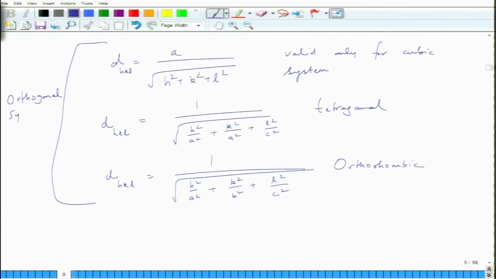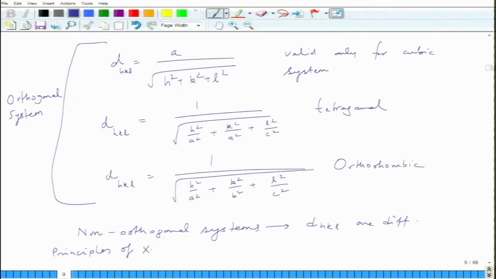For non-orthogonal systems, the DHKL are different, and I will refer you to Elements of X-ray Diffraction by B.D. Cullity.